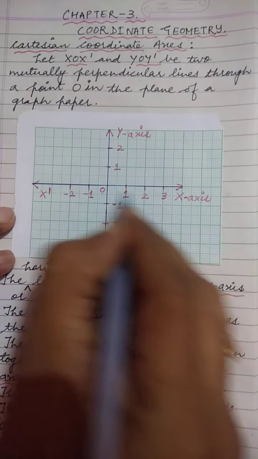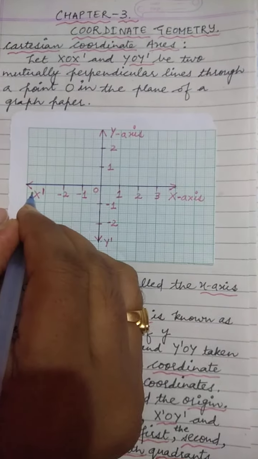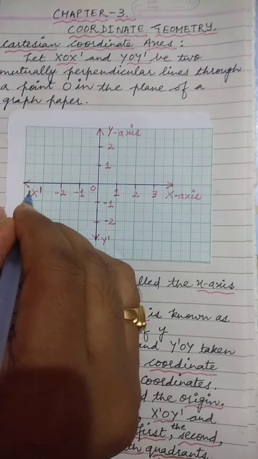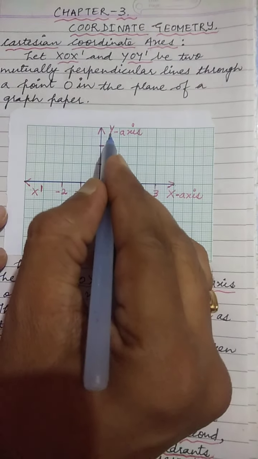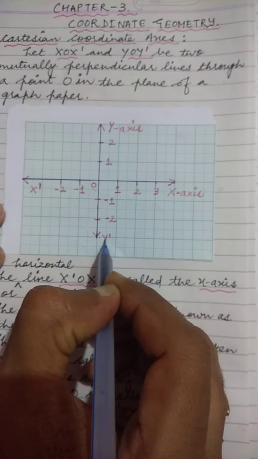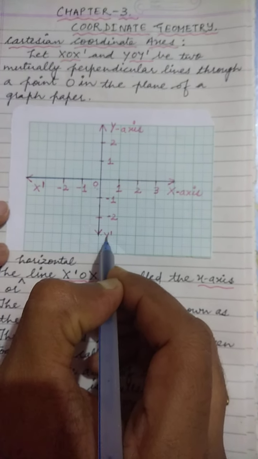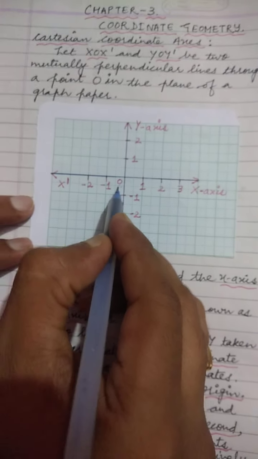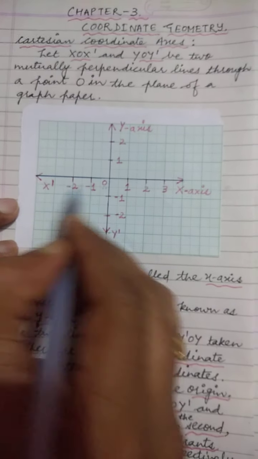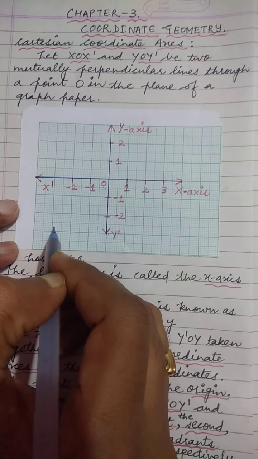And this horizontal line X'OX and this vertical line Y'OY, both these lines are mutually perpendicular to each other through the point O in the plane of a graph paper.